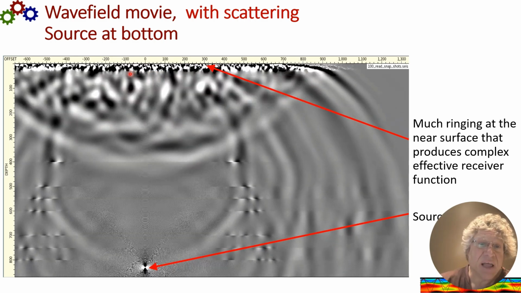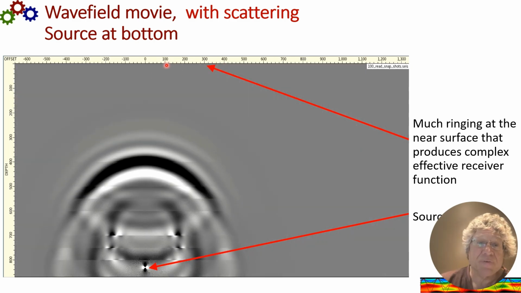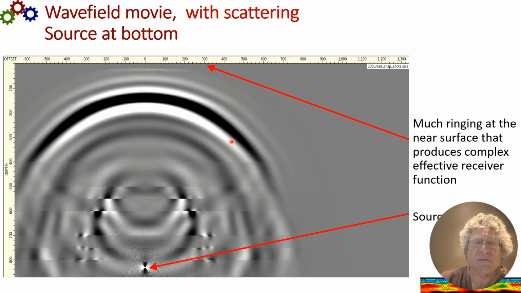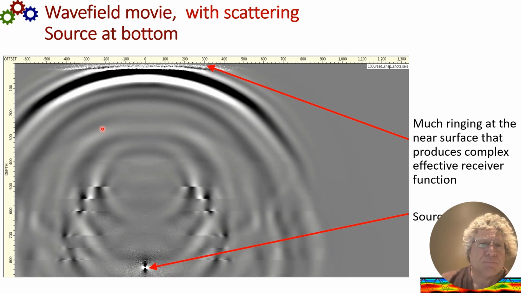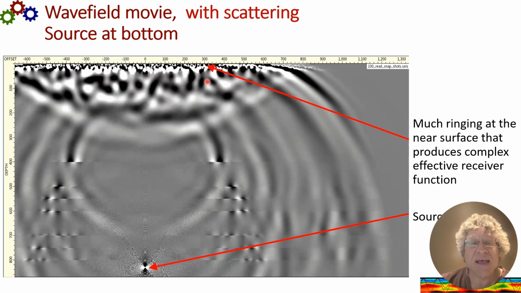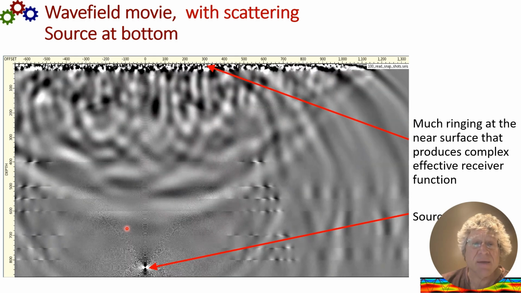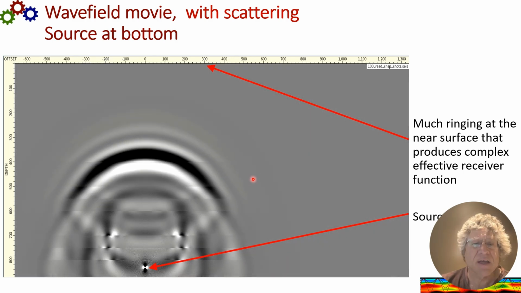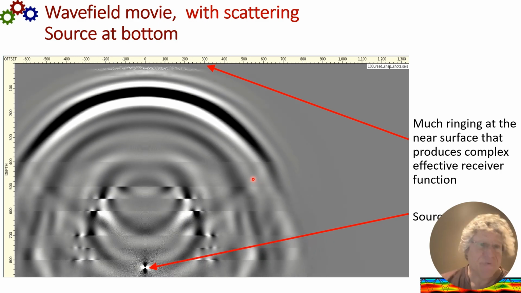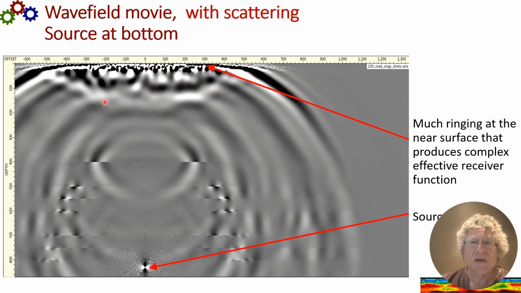And in fact, a lot of energy is trapped and is reverberating even after this wave front passes through. So here we're creating a lot of noise at the receivers, even though we have a source at depth with a clean wavefield. So you can get strong distortion at the receivers. And if you had the source in the near surface, that would also, of course, create a lot of noise.